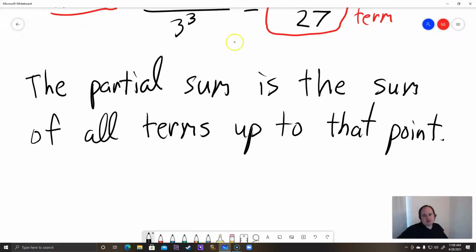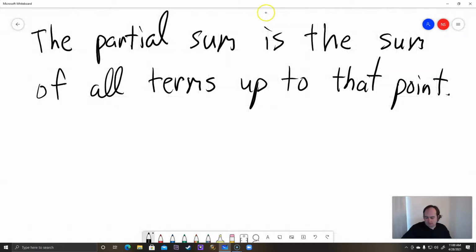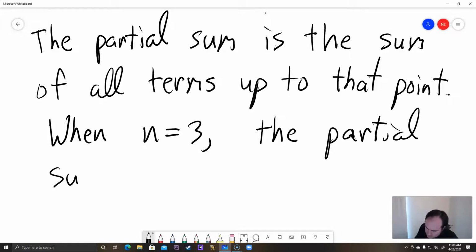So for the partial sum, when n equals 3 here, the partial sum is going to be the sum of all the terms up to that point.